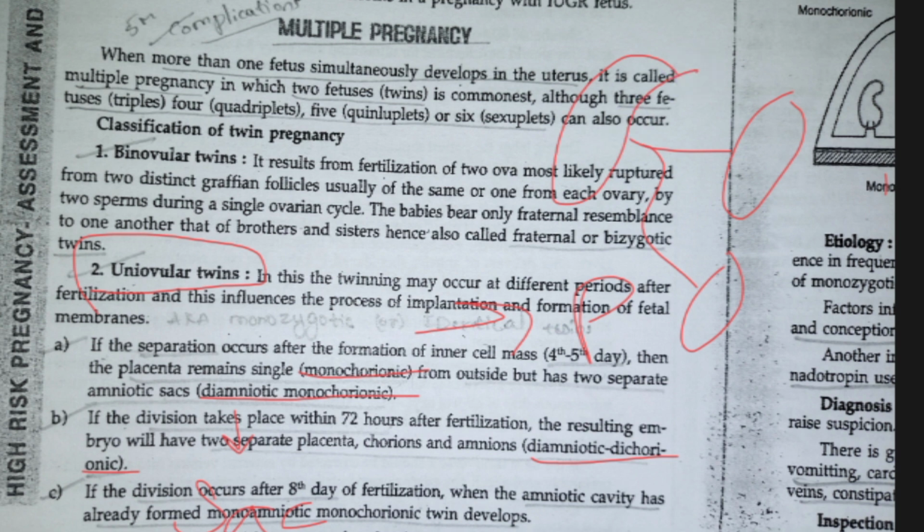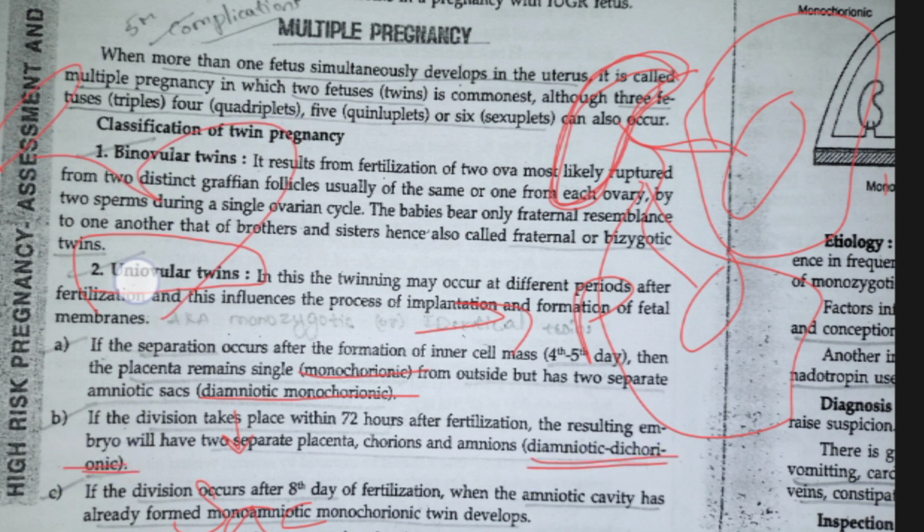And monochorionic diamniotic is one placenta but they have two baby sacs. And next we have dichorionic diamniotic, two placentas with two amniotic sacs. These are the three conditions seen in univular twins.